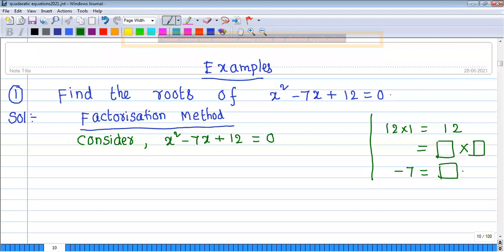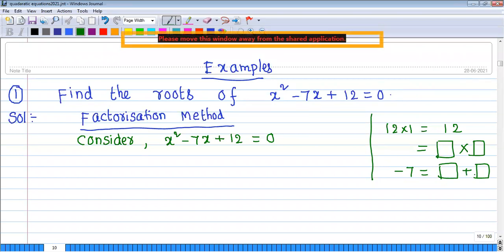It must be equal to a sum of minus 7. The sum should be minus 7, which means both the numbers must be negative, or the bigger number should have the negative sign. So that means let us write the factors of 12. Factors of 12 means we can write 4 and 3, but to get minus 7 we need minus 4 and minus 3.